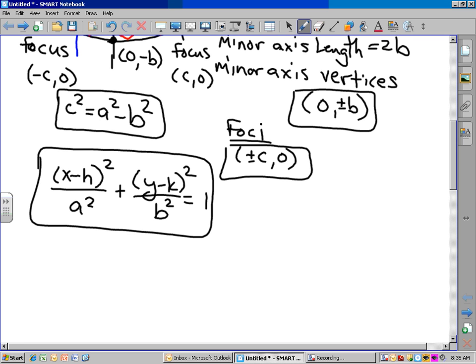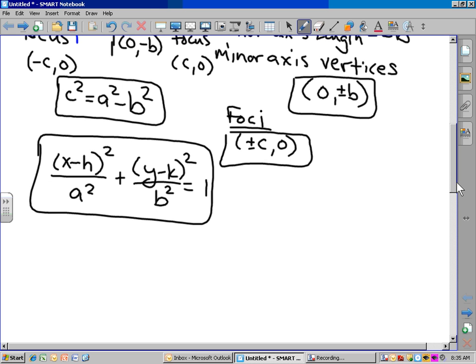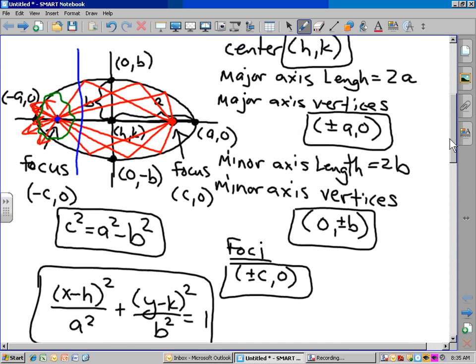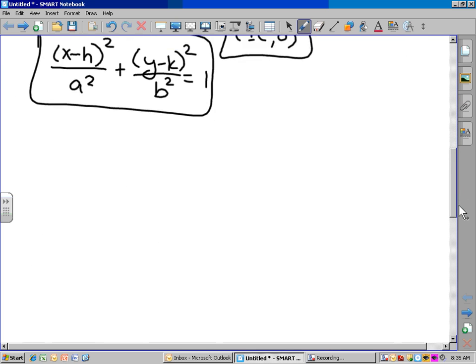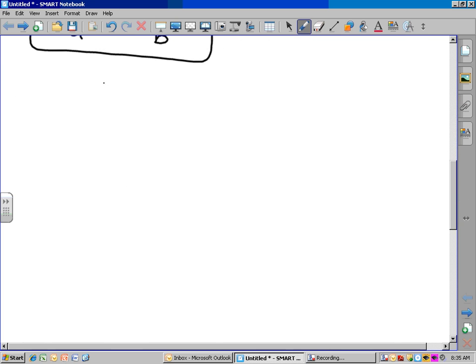Are you ready for the vertical? Stretch it vertically. Pretty much all the same information, we're just going to switch them around. Is it a different equation? Slightly. Very, very small change. That was the horizontal. You can see that it's longer horizontally, right? This next one, I'll try to make this very distinct.